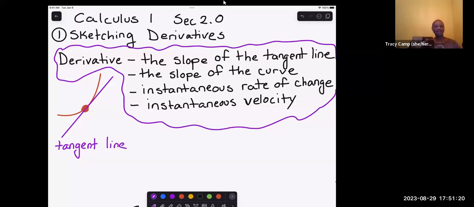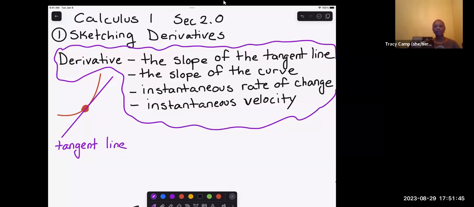What this section is about is using the idea of sketching a derivative to get an idea of what each function's derivative looks like.